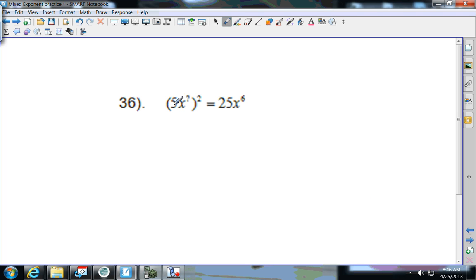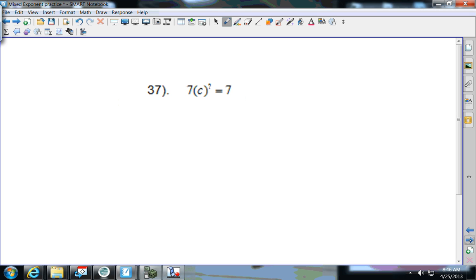This one says 5x to something to the second power gives you 25. All right, well, 5 to the second power, that gives you 25. So that's okay. X to the what to the second power gives you 6. So what times 2 gives you 6? That question mark, you should have gotten a 3.